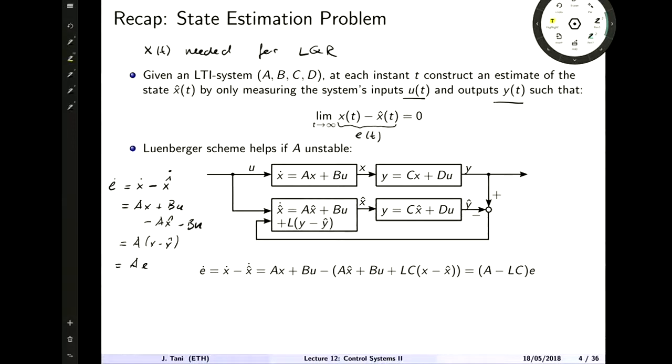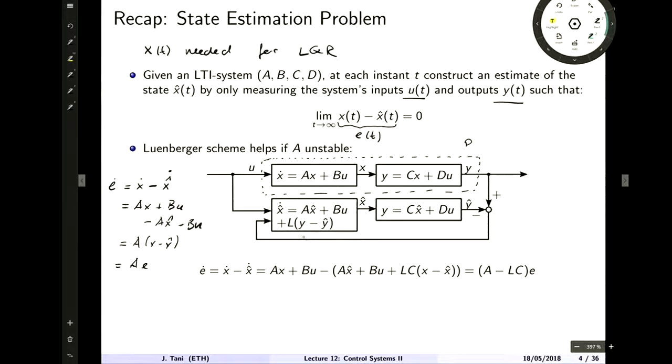So what we have up here is the plant, or the process P, and at the bottom we have a computer implementation of that plant, so the same A, B, C, D. And what we do now to compensate for the fact when A is not asymptotically stable is we introduce this L term. So you have A x hat plus B u plus L, y minus y hat.